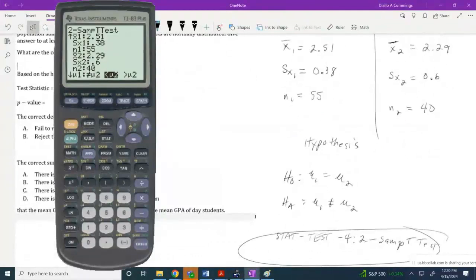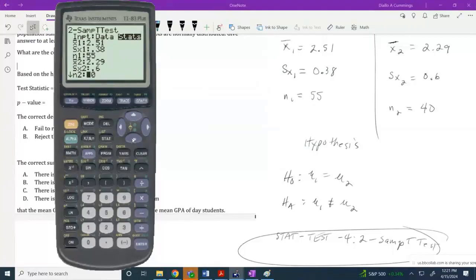So now it asks for the test we're going to use. We always use the inequality for our alternative hypothesis, so we're going to choose not equal to. That's that first one. For pooled, they're talking about the variance. You always choose no for pooled. On my calculator, I actually had to use the down arrow.